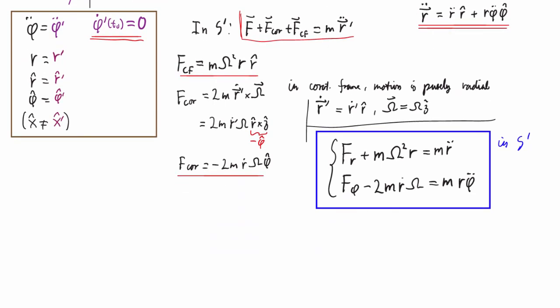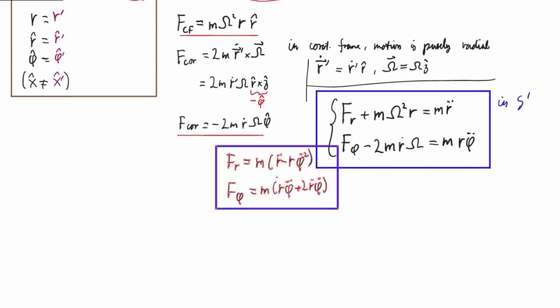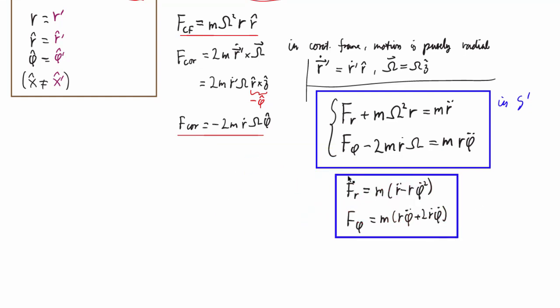I'm going to put this right next to the other one just for comparison. So this is true in S. Although of course we have used the same variables here. We have actually changed back into the variables in the non-rotating frame. So these two actually have to be the same thing. And we can see that they are, because omega equals phi dot.